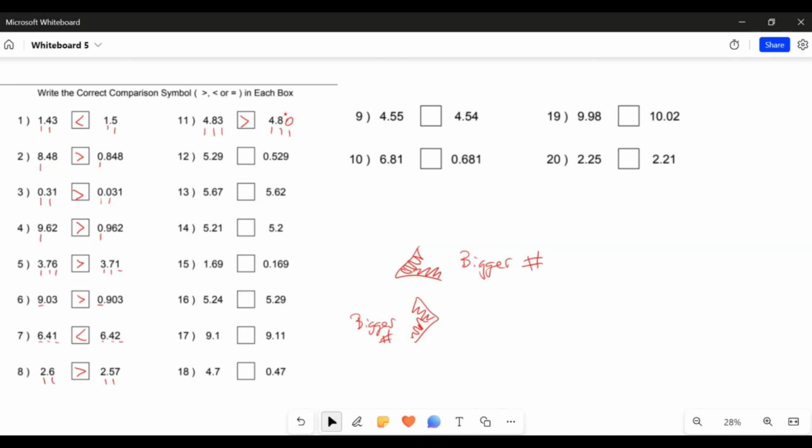On number 12, which one is the larger number?